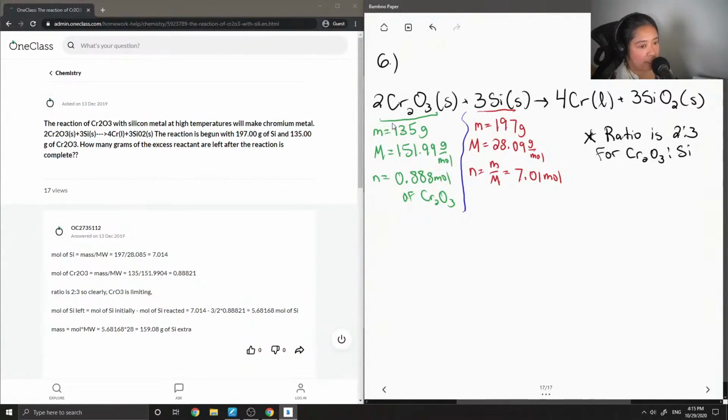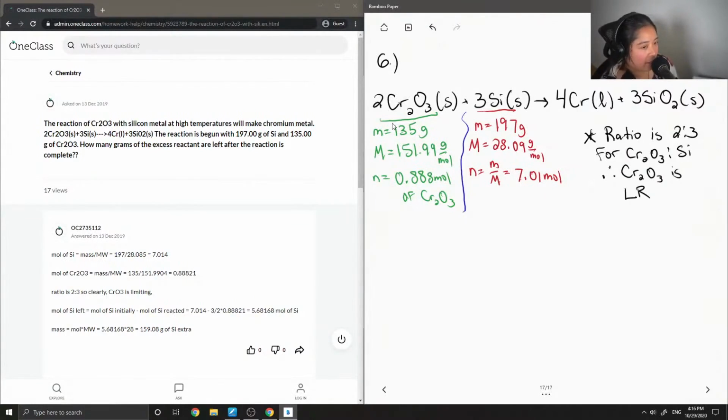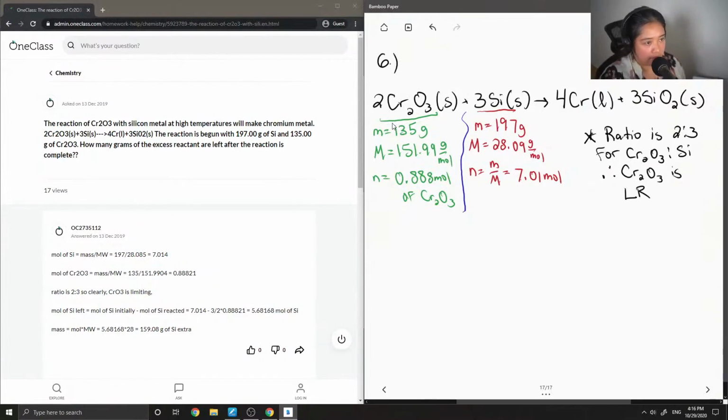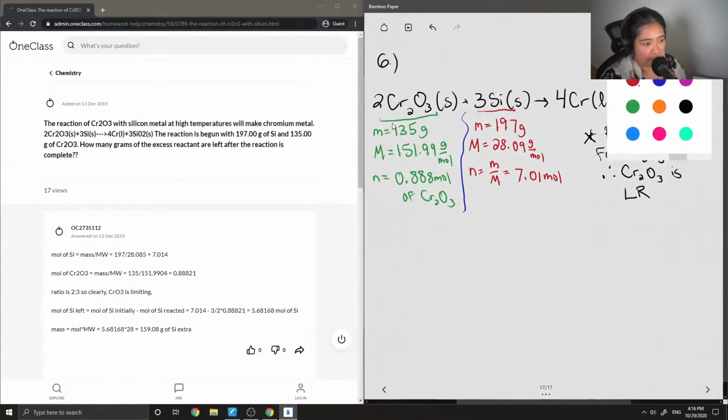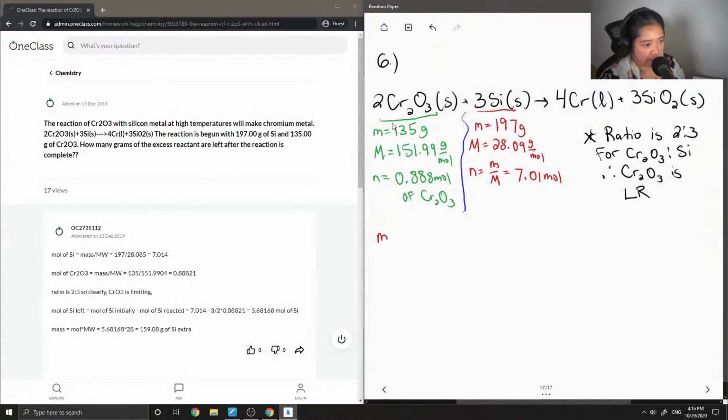And we can already tell that the chromium oxide is our limiting reagent. There's simply not enough moles for it to react with the 7 moles of silica. So now I'm going to calculate the moles of silica that we have left after the reaction is completed.